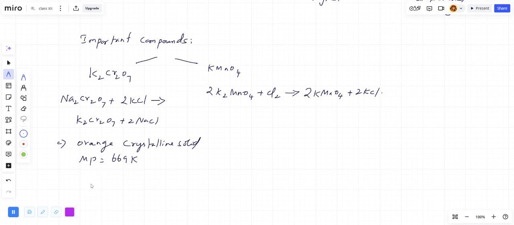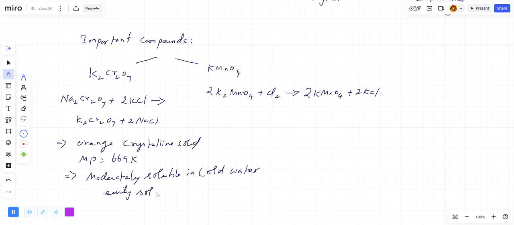It is moderately soluble in cold water, but easily soluble in hot water.